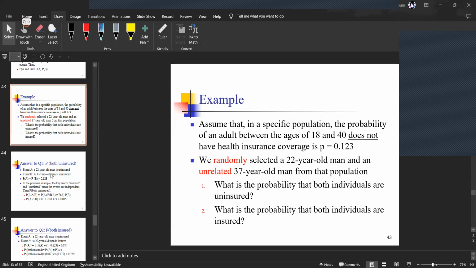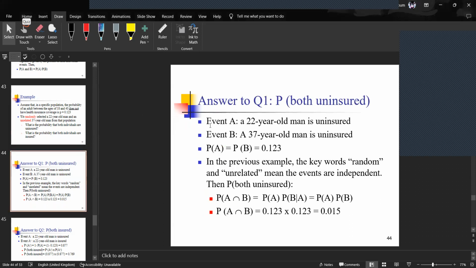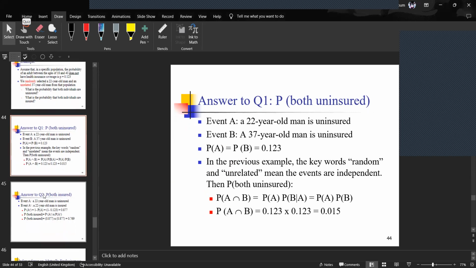The way you solve question 1 is, since the probability of A, which is our first person, is 0.123, and the probability of B, which is the second person, is also 0.123, we can say that they're both the same thing.